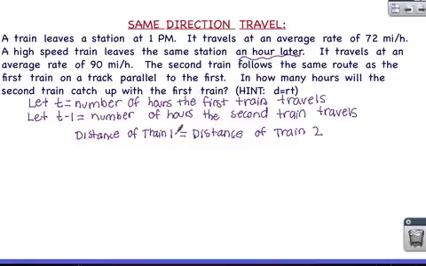Well, to figure out the distance of train 1, we use our distance rate time formula, which says that distance equals rate times time. Well, train 1 travels 72 miles per hour, and its time we defined as t, so 72t.